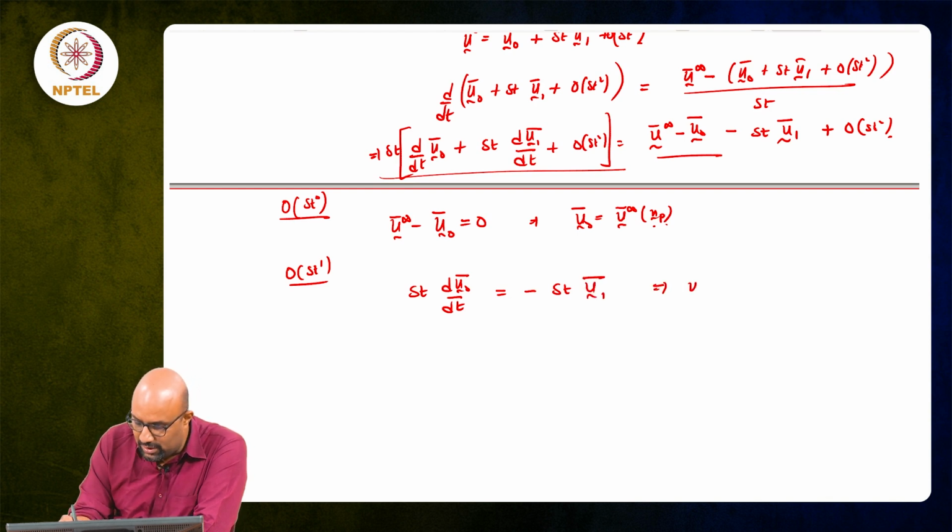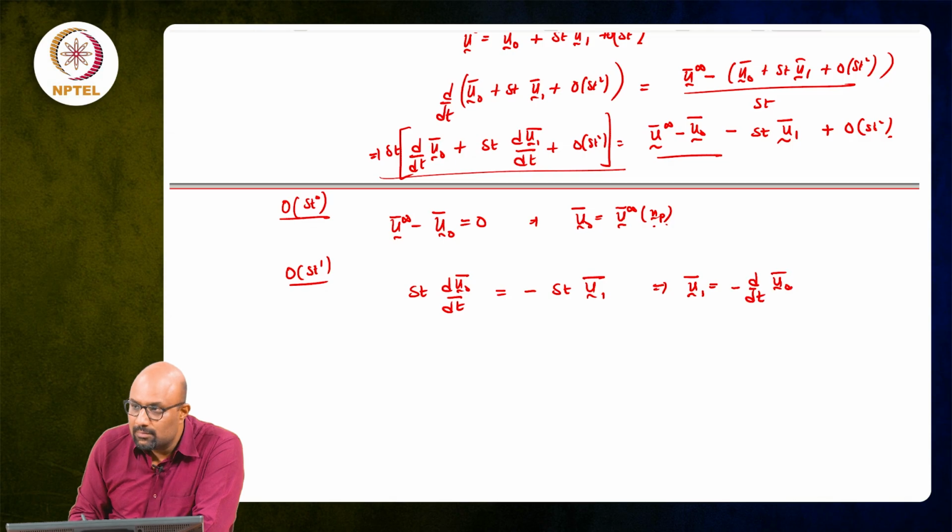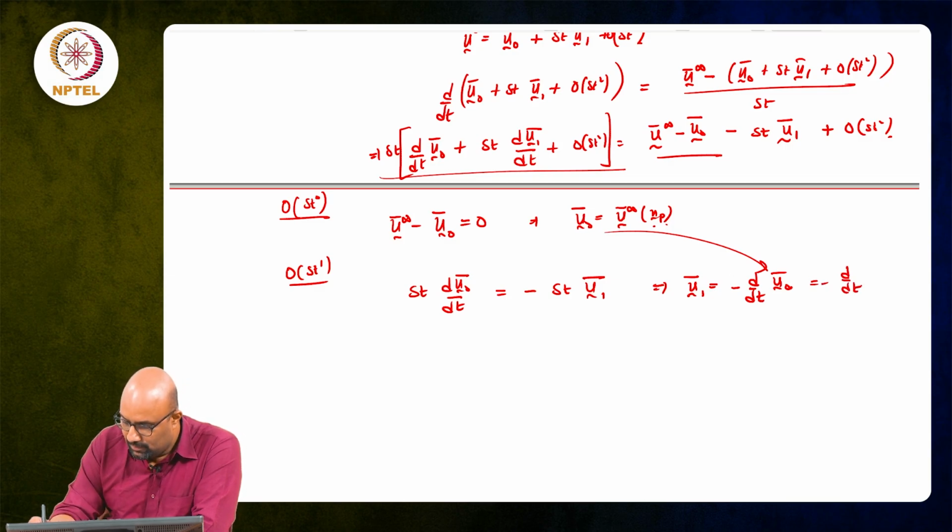So, my expression is u1 is equal to minus d/dt of u naught. Okay. Now, what is u naught? U naught is the background velocity evaluated at the particle center. So, this is minus d/dt of u infinity at xp.